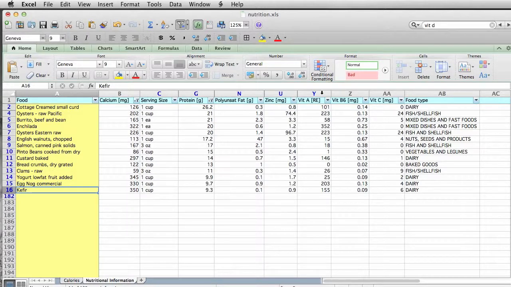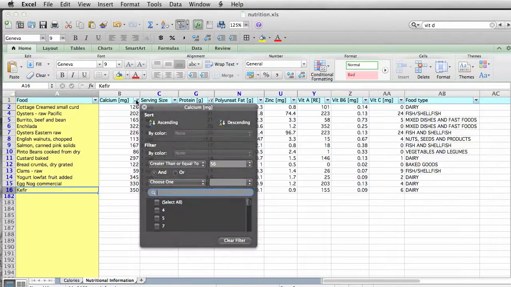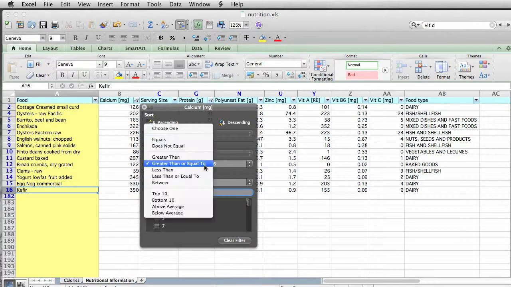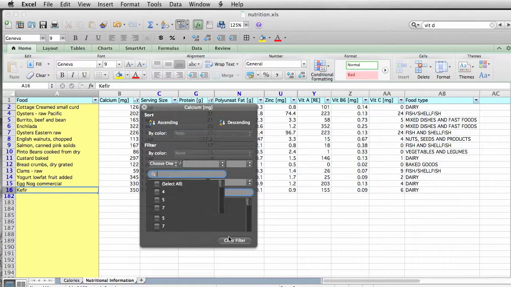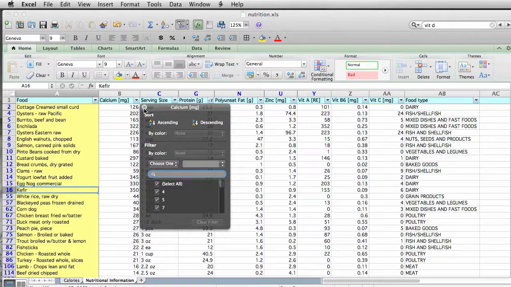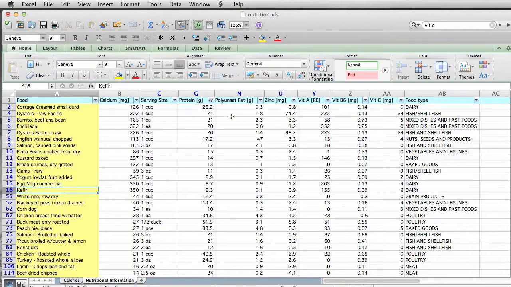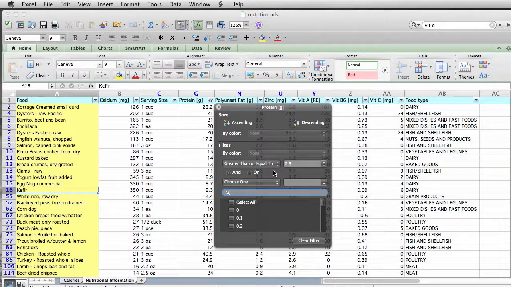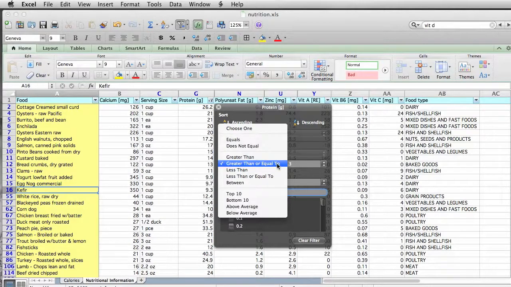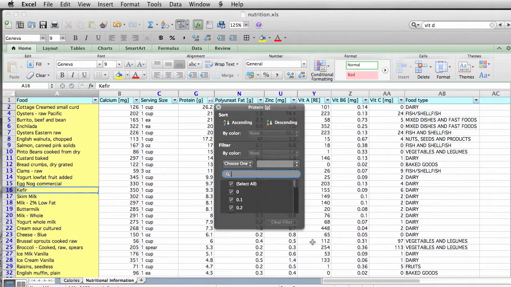If we click on those categories that we searched for initially, the original filters, we can turn those filters off. We can say, just go back to choose one right here, or alternatively, you can go back to the protein category and say that you would like to clear the filter, and that basically restores your database.